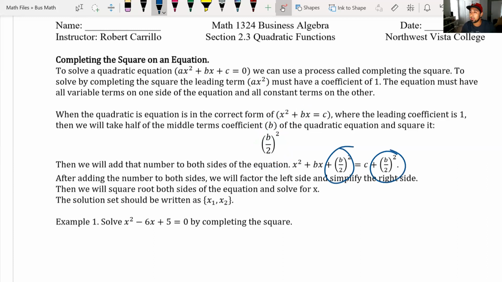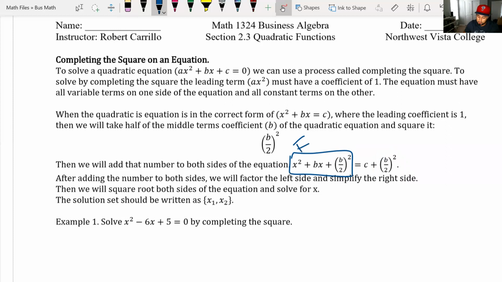We take the number that we got from the completing the square process and we add it to both sides of the equation. After you add that number to both sides of the equation, the left side of the equation becomes a perfect square, which means you can factor it.